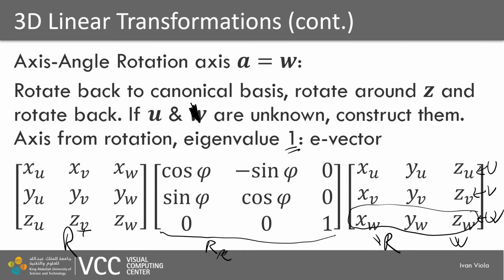And the corresponding eigenvector to the eigenvalue 1 will be the axis of rotation. So this is how, from a rotational matrix, we can find out the axis of rotation by computing the eigenvector corresponding to the eigenvalue 1.